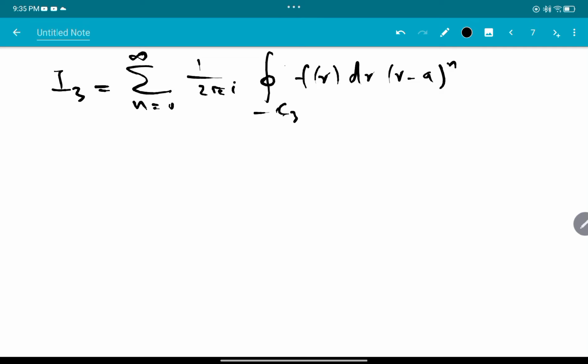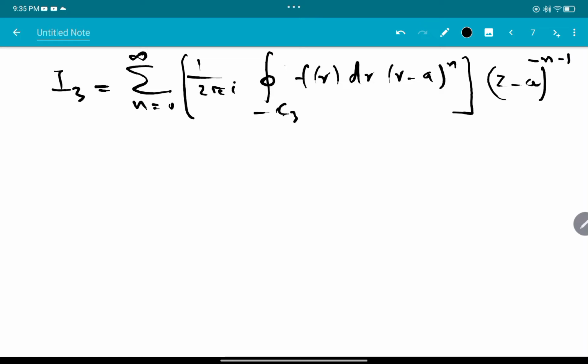Then I have this whole thing in a bracket, and next I have z minus a raised to minus n minus 1.